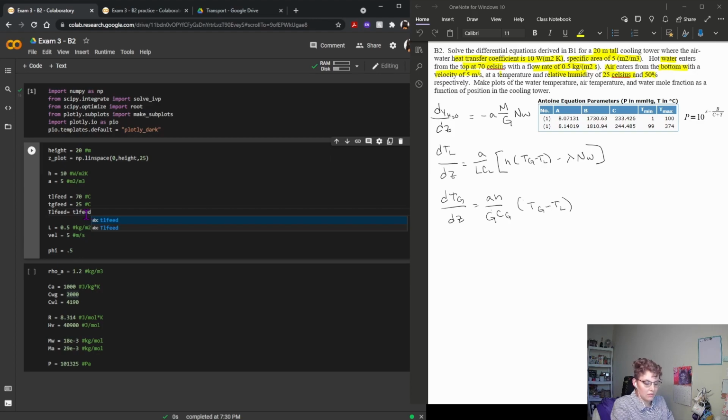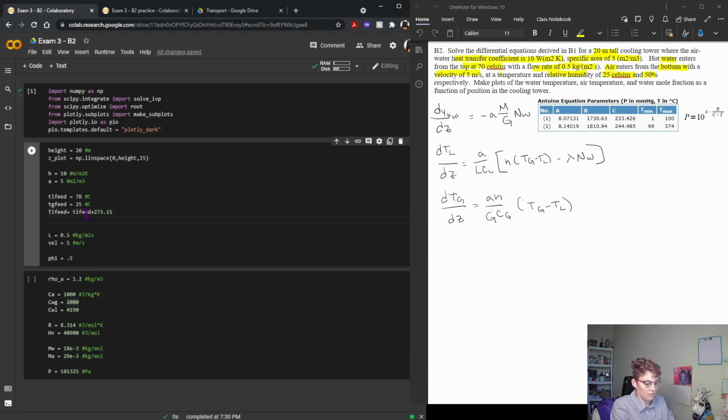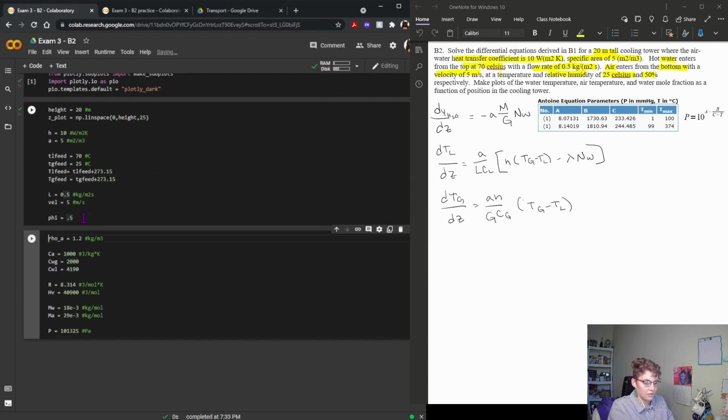So that's going to be equal to the feed in Celsius plus 273.15. And the same for the temperature of the gas in the feed. It will be equal to the Celsius value plus 273.15. So then we have the flow rate of liquid, the velocity of the air, as well as the relative humidity. We can go ahead and shift enter these to lock them in.